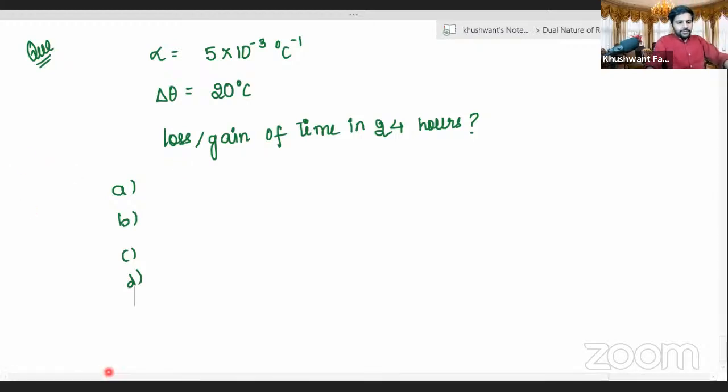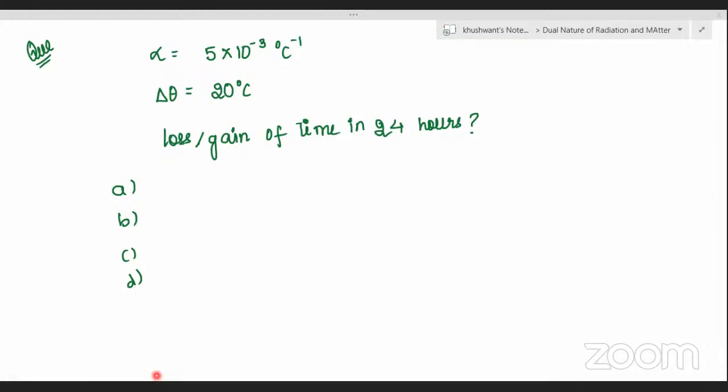We'll quickly put the options here. It should not take more than 15 seconds, so please be ready. Raise your hands once you are ready for the poll, okay? Everybody, quick.